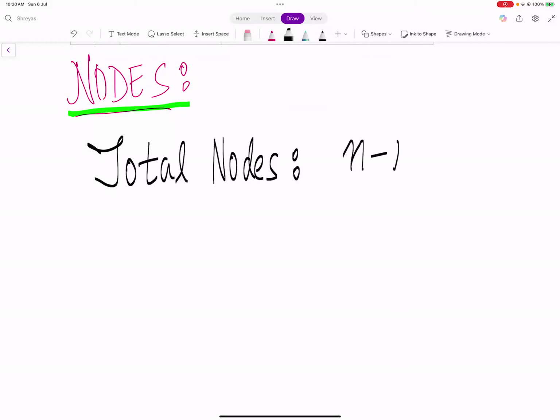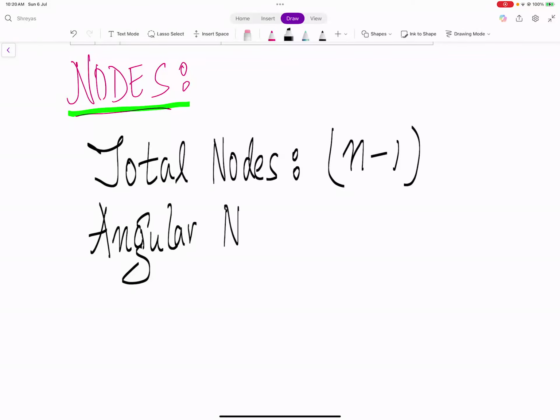So the electron will not be there. So total nodes is n minus 1. Then we have angular nodes, which is l, and whatever remaining are radial nodes.